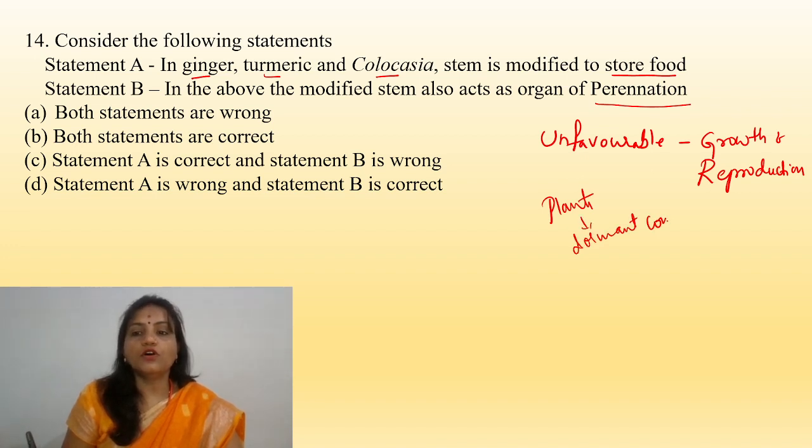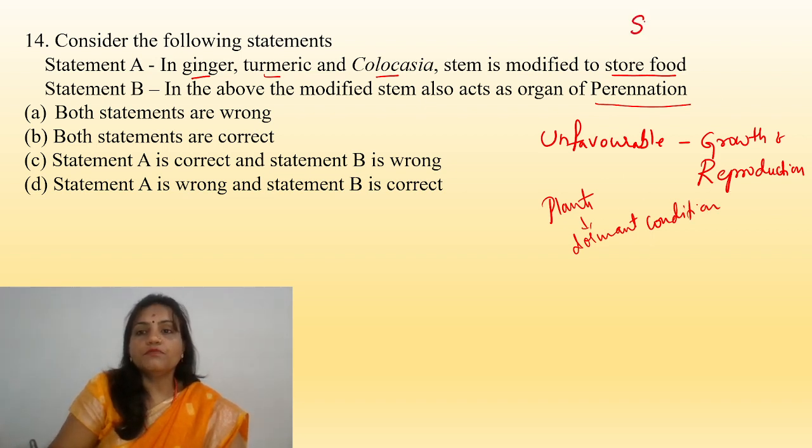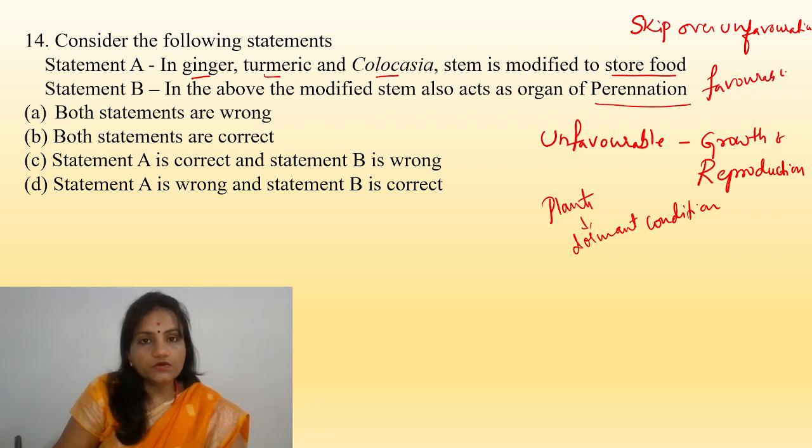They try to skip over the unfavorable condition, to tide over, so that when there are favorable or conducive climatic conditions, like water, minerals, nutrition and sunlight all available, that part helps in the next generation. This skipping over the unfavorable condition is referred to as perennation.